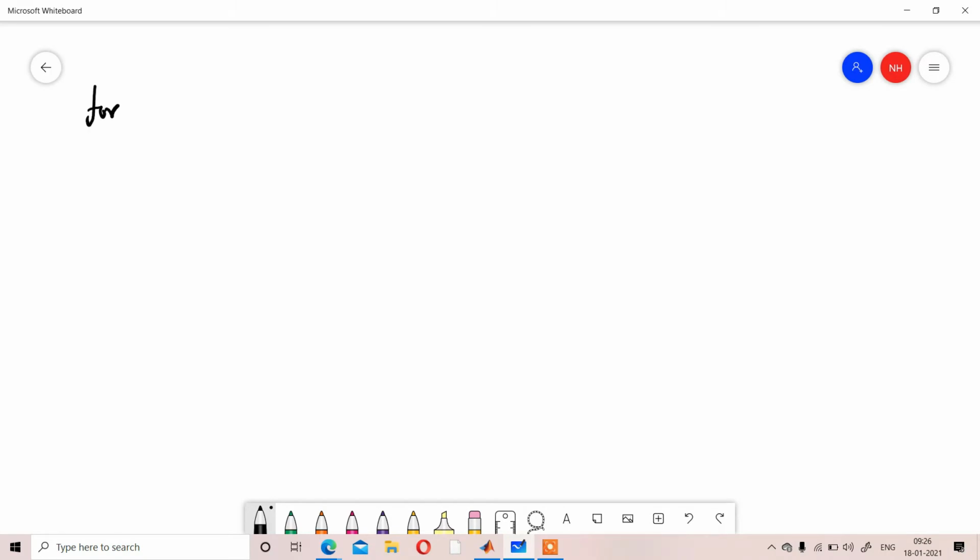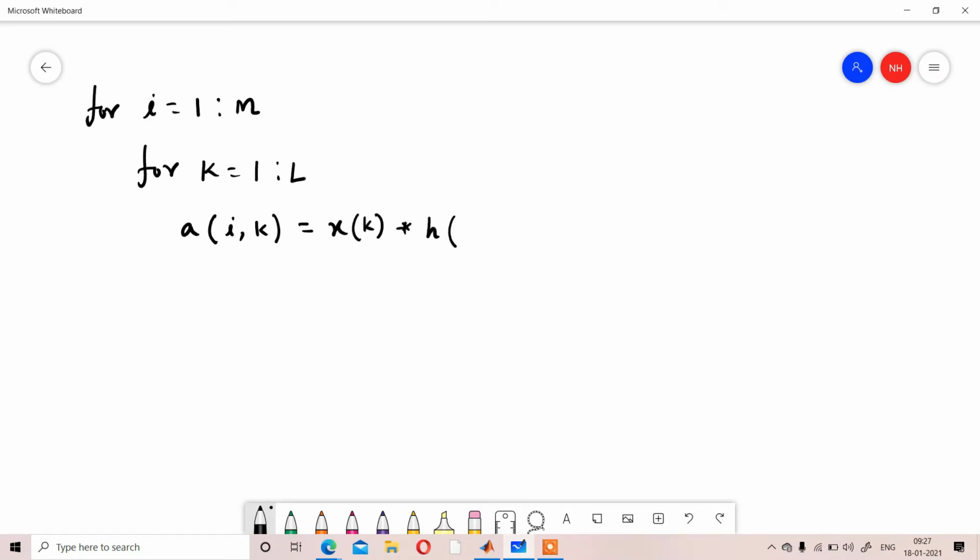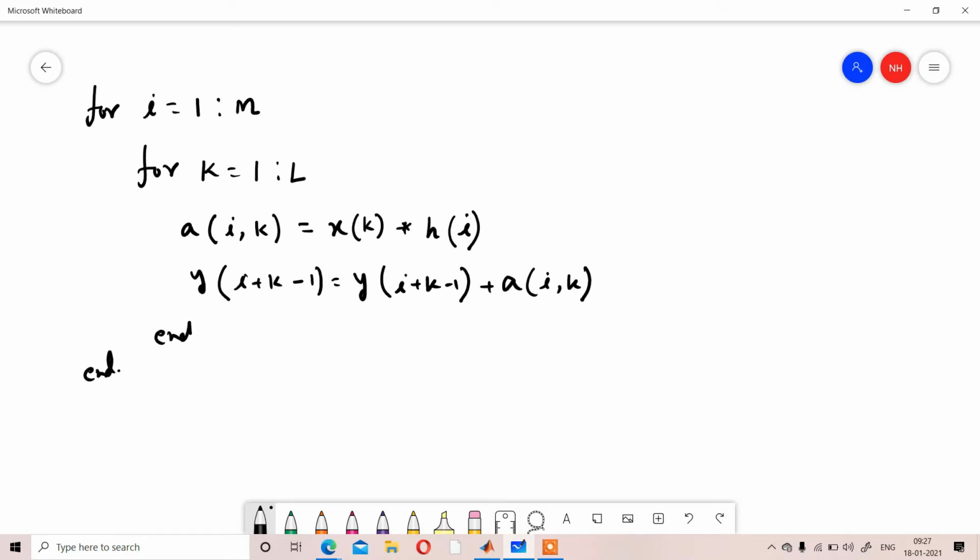For i equal to 1 to m, within that for k equal to 1 to l, a(i,k) defines x(k) into h(i), and y(i+k-1) equals y(i+k-1) plus a(i,k), end for and end for.